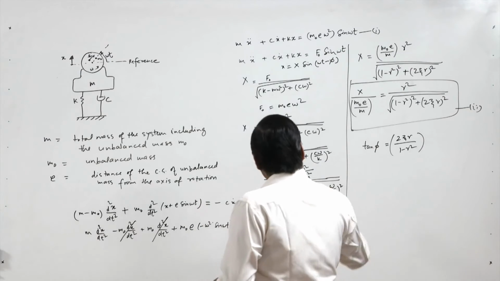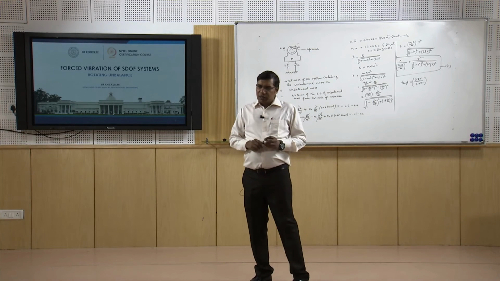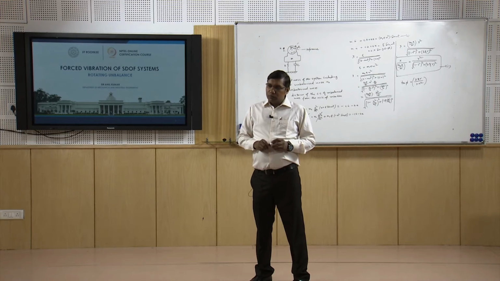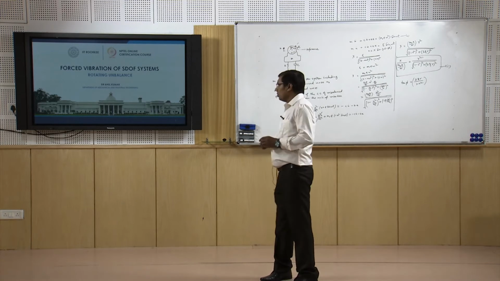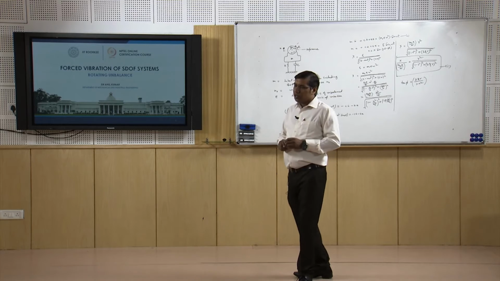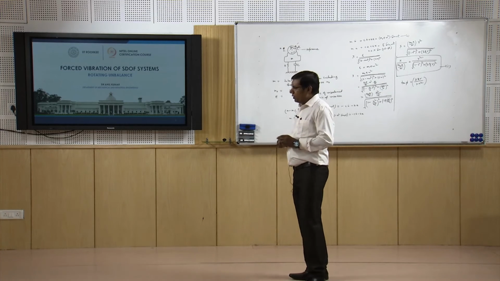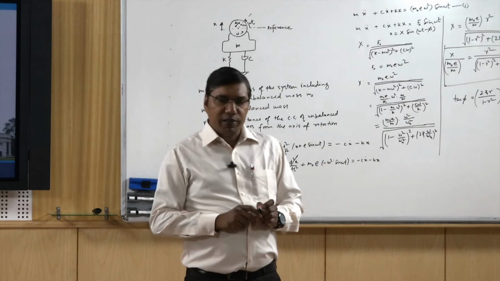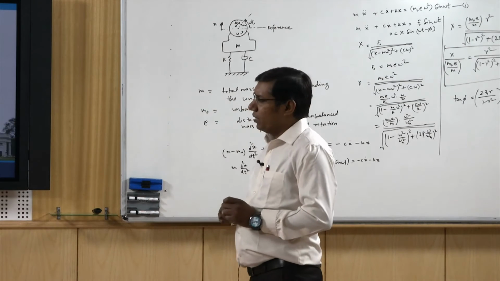Now again we can plot the curves for X versus the frequency ratio r, and we can see what the properties of this kind of vibrating system are at different frequency and damping.